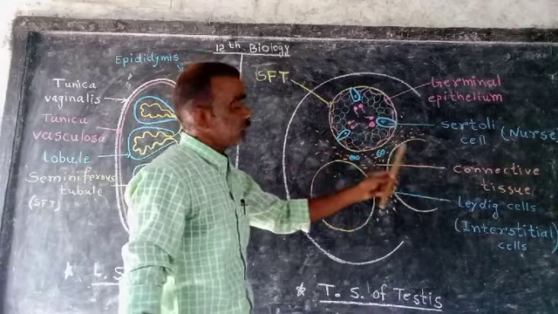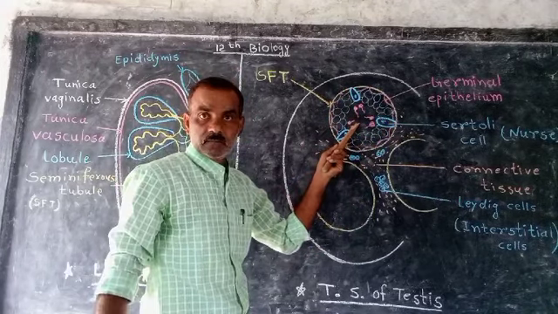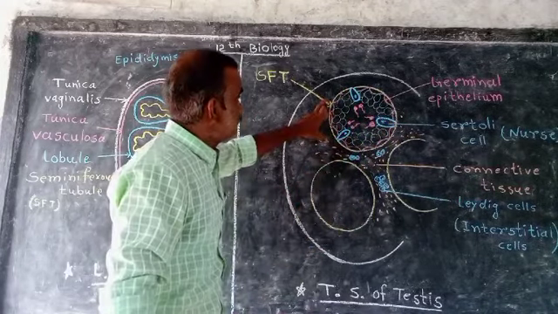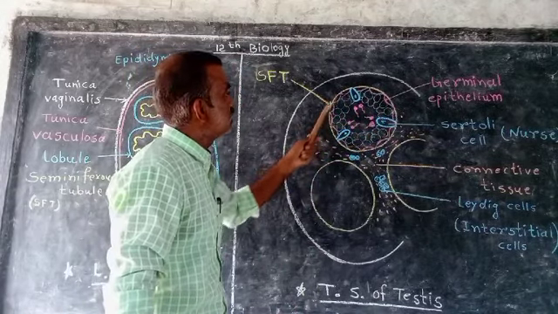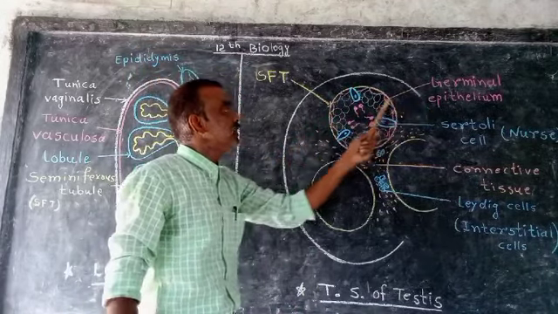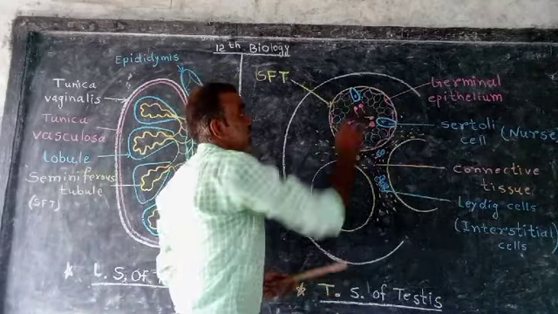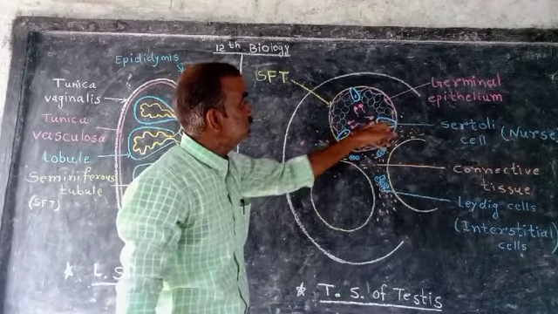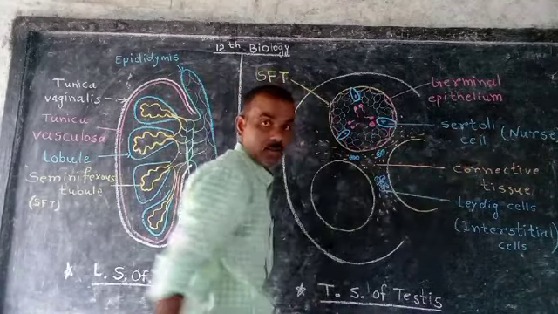Each seminiferous tubule has the same structure as I draw in one. The seminiferous tubule shows an outer single-celled germinal epithelium, and in between the germinal epithelium some cells are longitudinal larger cells that are Sertoli cells.